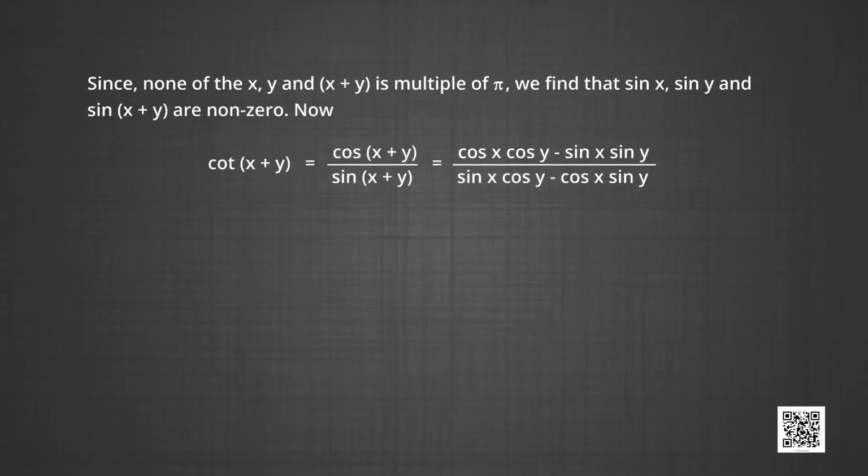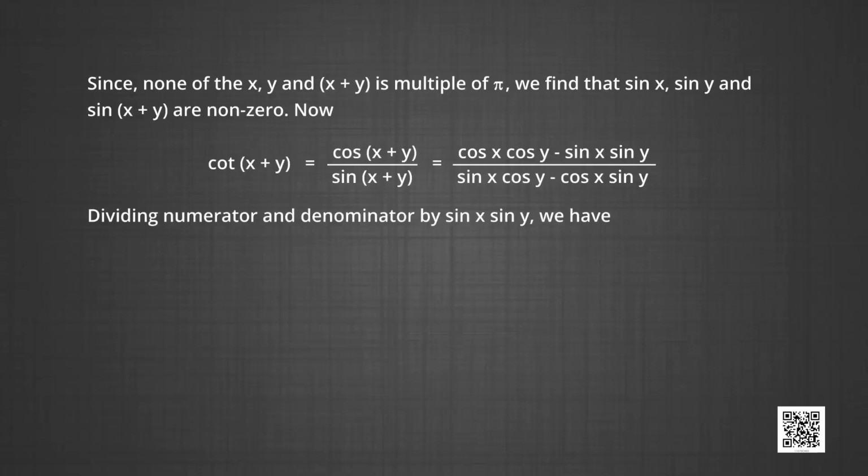Now, cot of x plus y can further be expressed as cos of x plus y divided by sin of x plus y. Using the identities for cos of x plus y and sin of x plus y, cot of x plus y can be written as cos x cos y minus sin x sin y divided by sin x cos y plus cos x sin y.